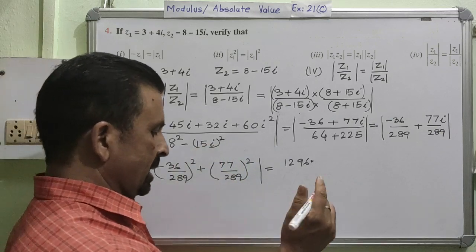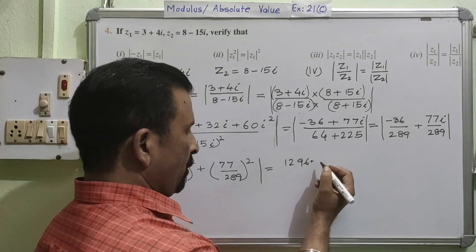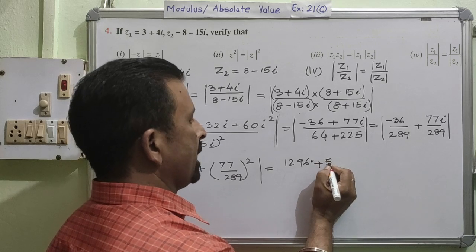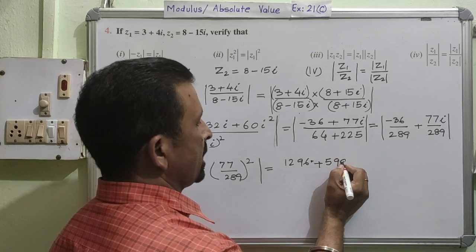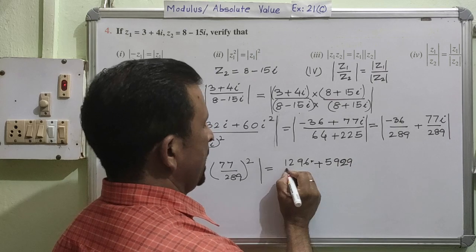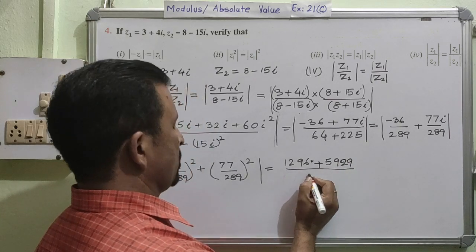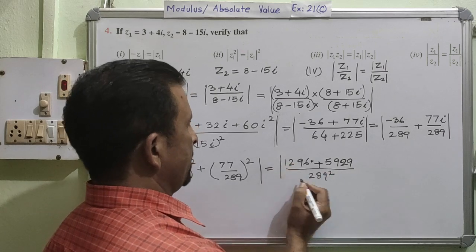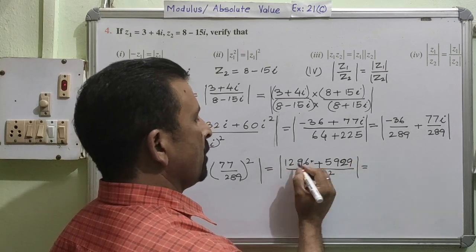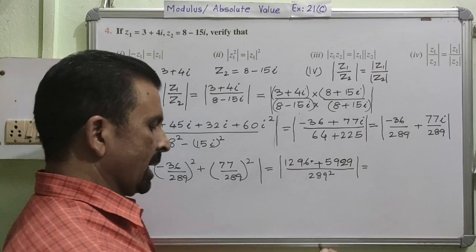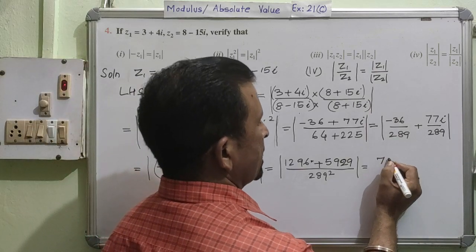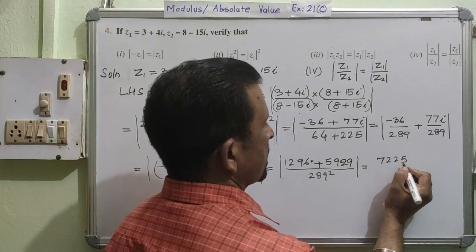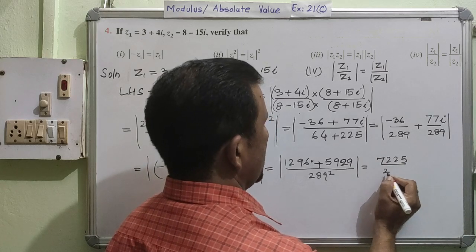Now the square of 77 will be equal to 5929, and the denominator we are just keeping as 289 squared. Now when we add the two numerators, we are getting the answer as 7225 divided by 289 squared.